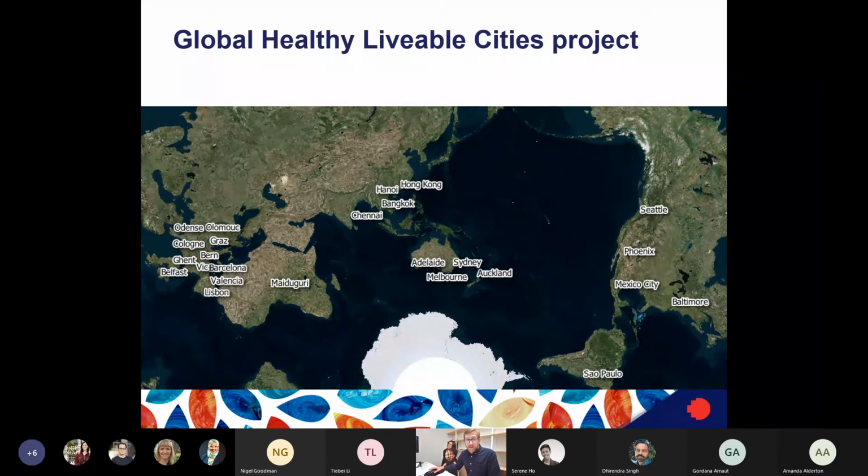So these are the cities around the world involved in the Global Healthy Liveable Cities project. You can see that there's a diverse range of contexts and it's not evenly distributed. There's clearly a lot of cities in Europe, only one city in Africa. These locations reflect the locations of members in the IPEN network, so there's that historical continuity of the cities that have been involved in the IPEN studies.